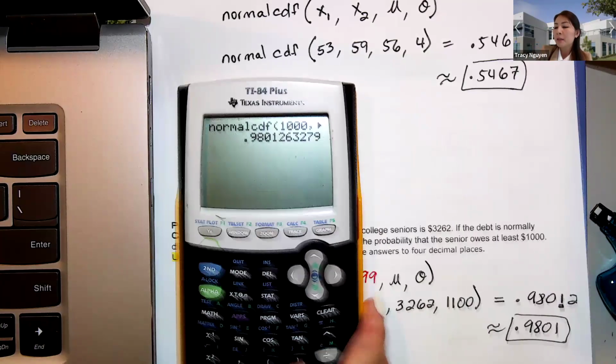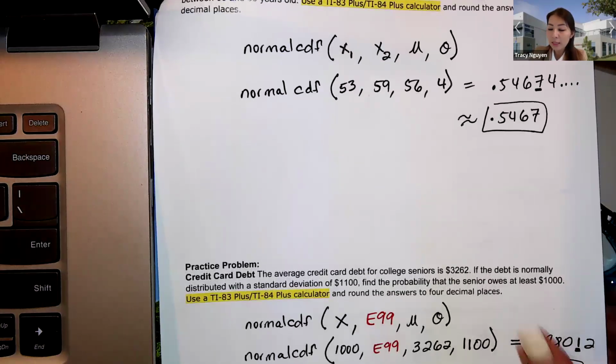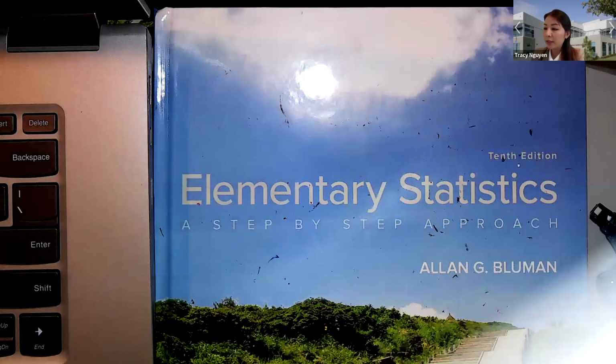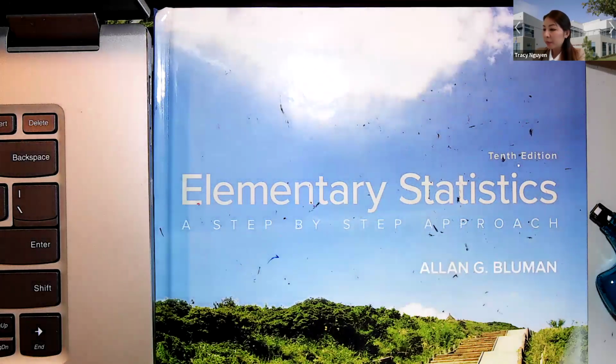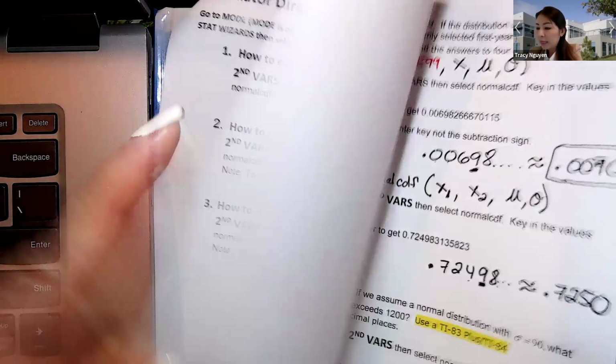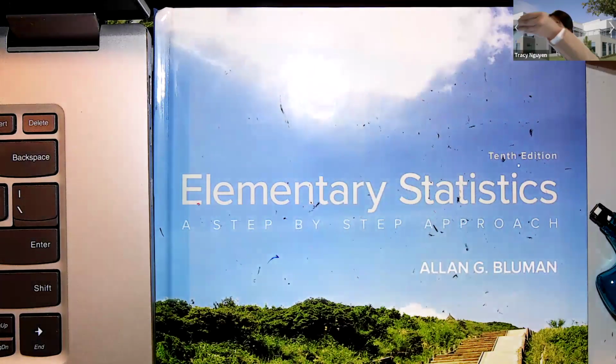Okay. So here we practiced for the between, we practiced for the greater than in terms of both the table and using a graphing calculator. I have this practice problem for you here, and that would do it.